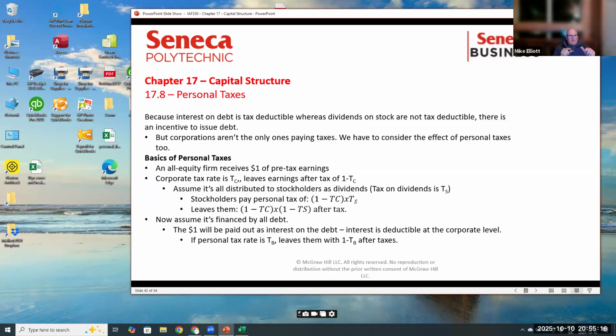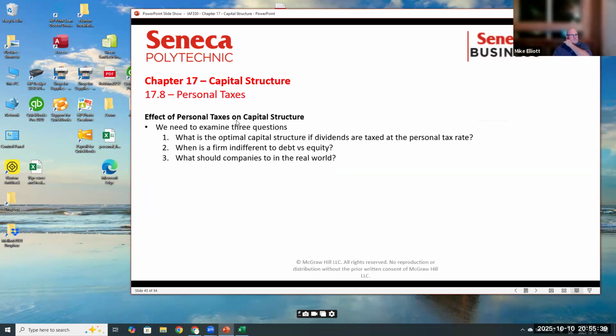On equity that's paid out as dividends, you have to pay both the corporate tax and the personal tax. On debt that's paid out as interest, I only have to pay personal tax. So there's going to be more left over after the fact. So taxes are an issue we have to consider.